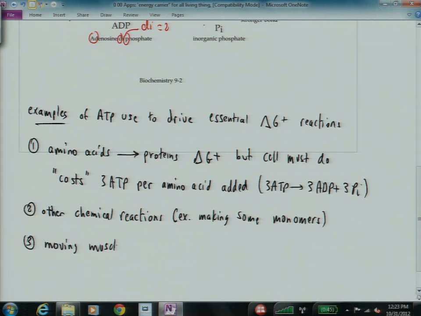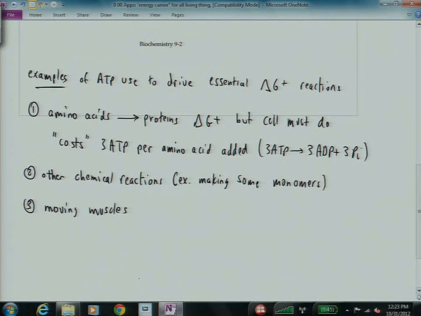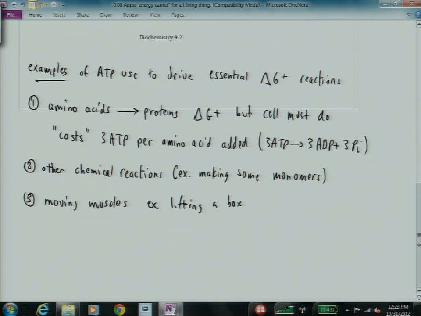requires ATP input. So, for example, lifting a box, it's a sort of weird chemical reaction. If you have the box down and it gets converted to box up, again, it's a very weird way to look at a chemical reaction, but it's two states of this thing, the box down low and the box up high.